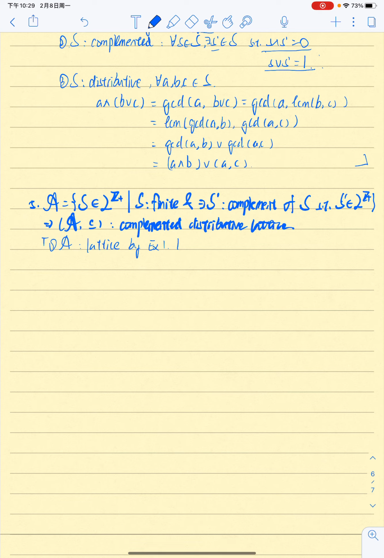And we let this be the intersection and this be the union. Second, we prove this is complemented. This is true by the definition.